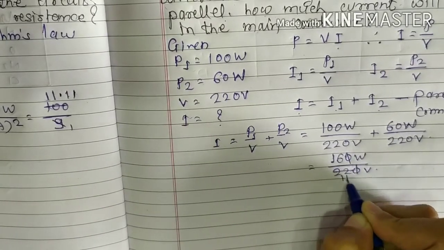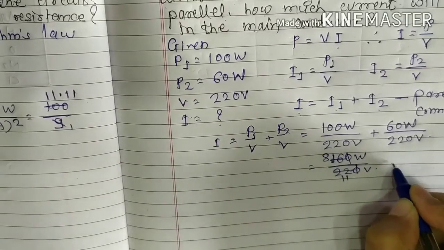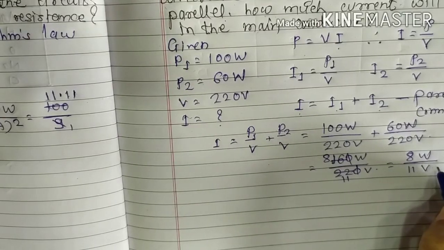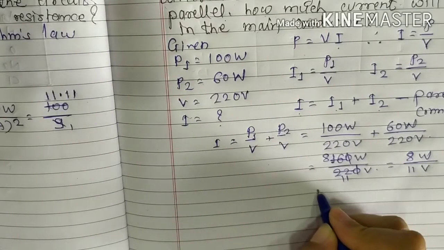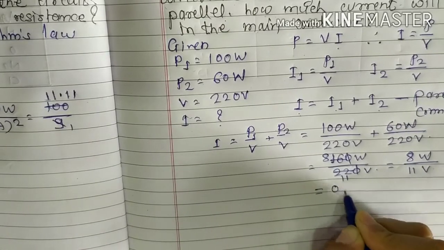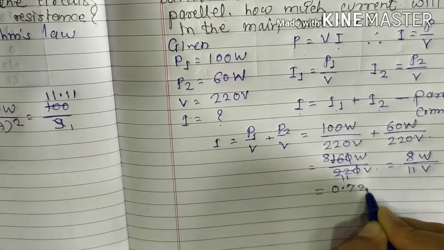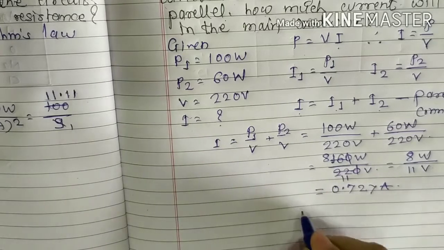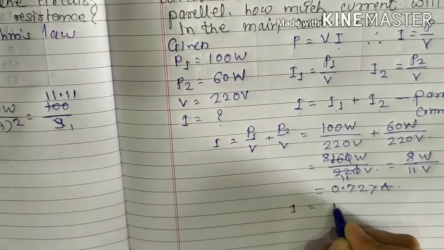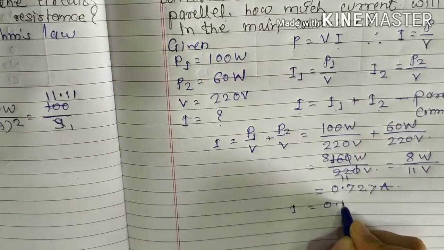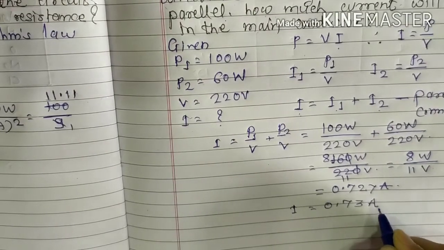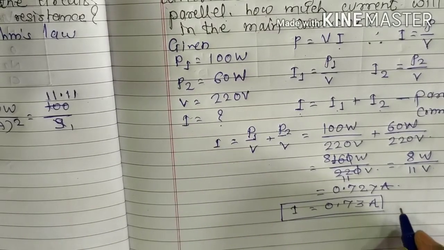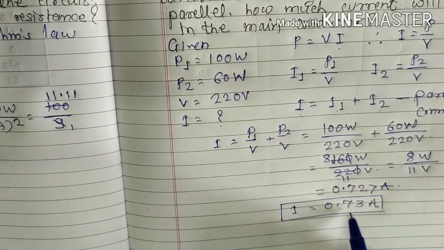That is 8 by 11 divided by volt, and is equal to 0.727 ampere, and this is nearly about I is equal to 0.73 ampere. So this is the current that is flowing in the main conductor.